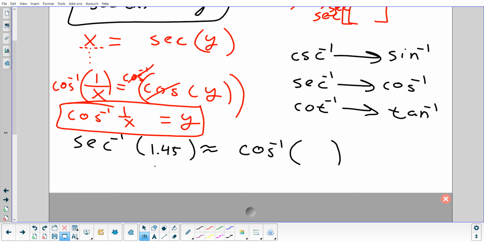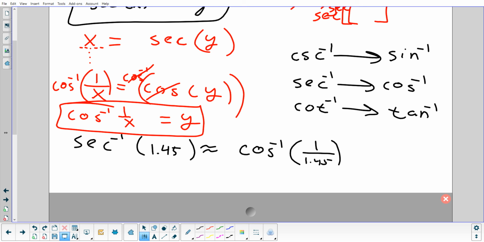It's all right. So you change the trig function, and now you can't use 1.45. What are we going to change 1.45 to? One over 1.45. So it still involves flipping something. It's just not quite the way we flipped it last week.